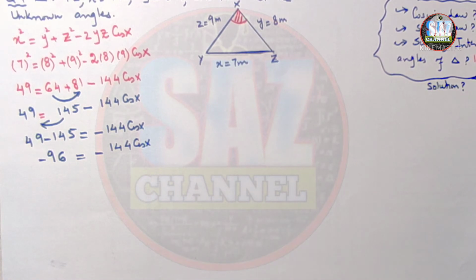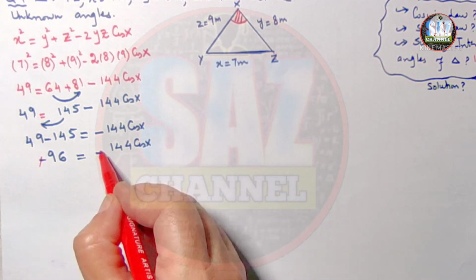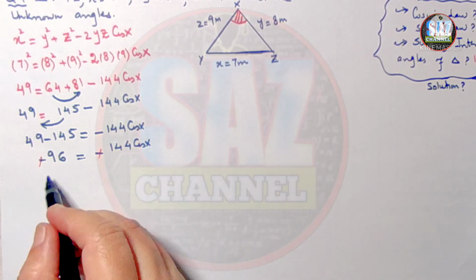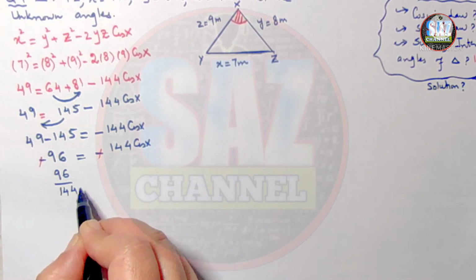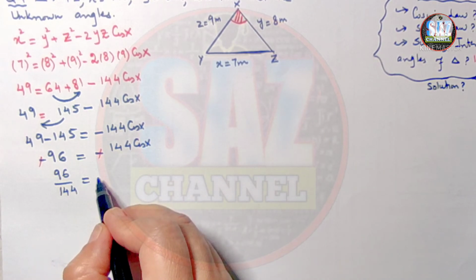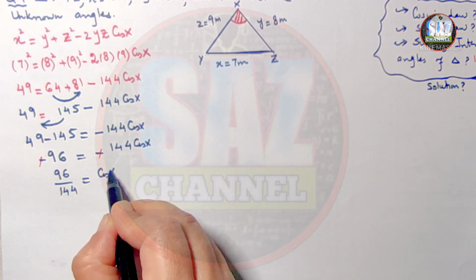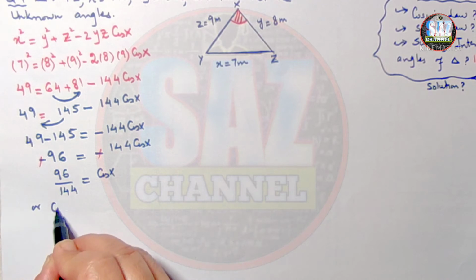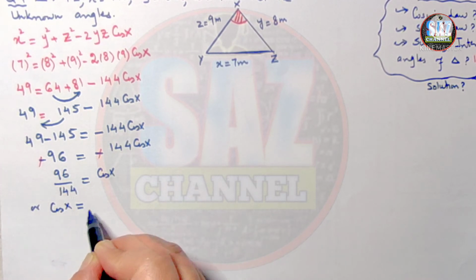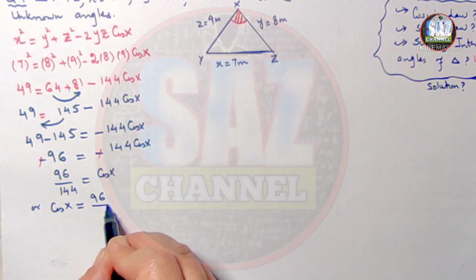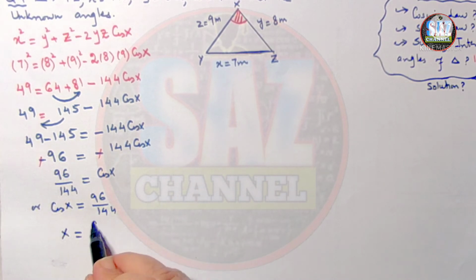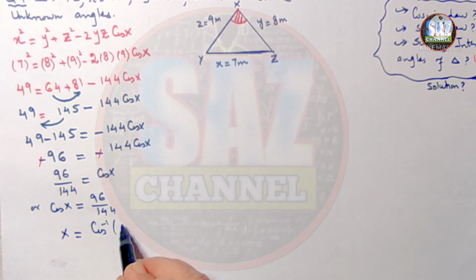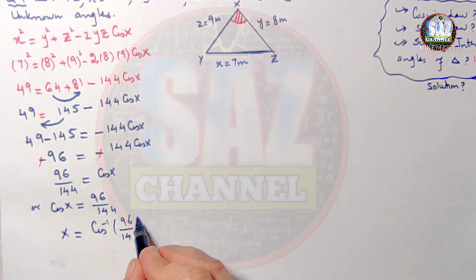Now look, this minus sign can be cancelled easily with this and I'm left with 96 by 144 equals cos x, or cos x equals 96 by 144, or x equals cos inverse of 96 by 144, and close the bracket.